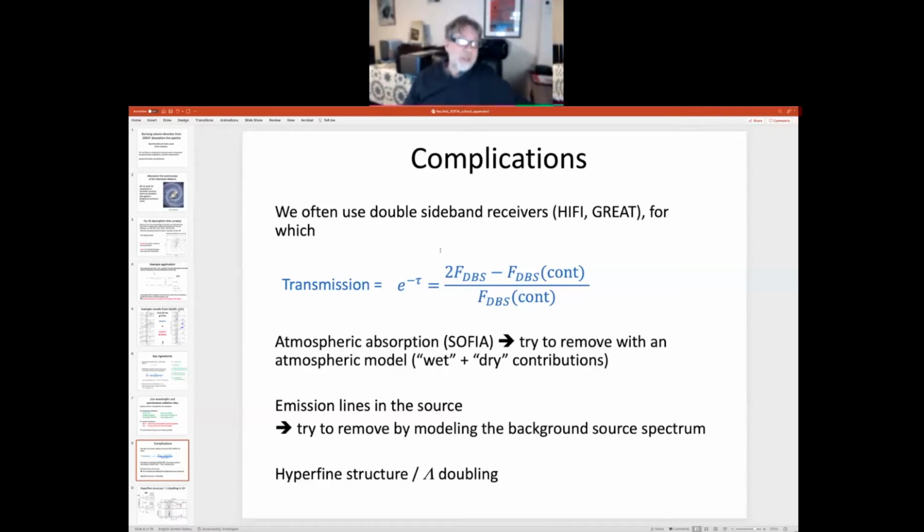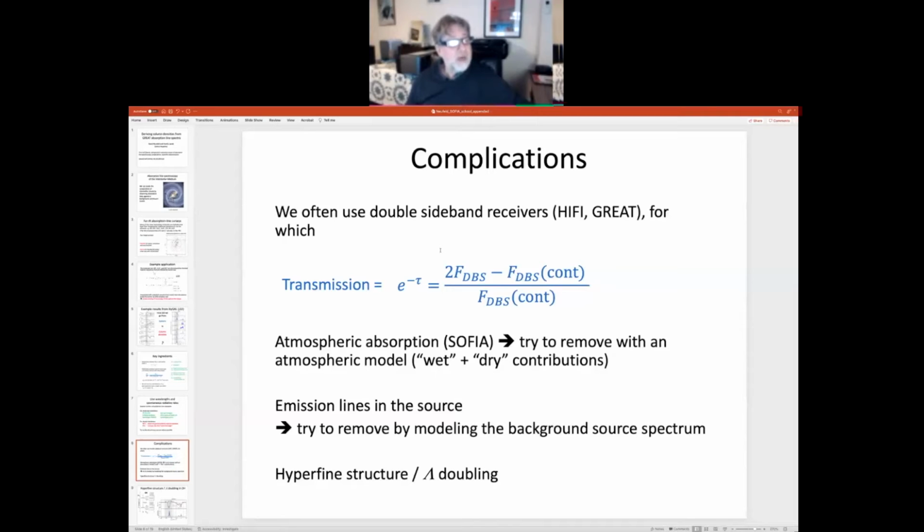So there is an ambiguity as to whether a particular spectral feature is formed in one sideband or the other. In other words, what its true frequency is. That can be resolved by using more than one local oscillator setting if it's unclear.